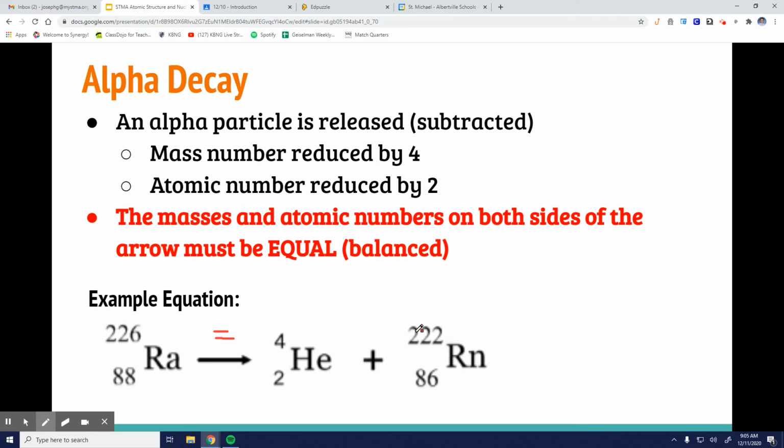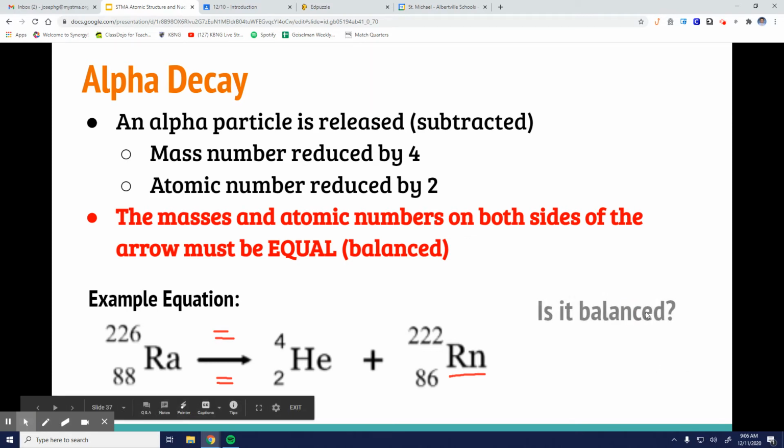That's going to give us 222. 4 plus 222 gives us 226, so that has to be equal on either side of that arrow. Down below, 88 is equal to 2 plus 86. 86 is our new atomic number, and that's going to give us the element radon. So it will go through that type of decay and form radon.